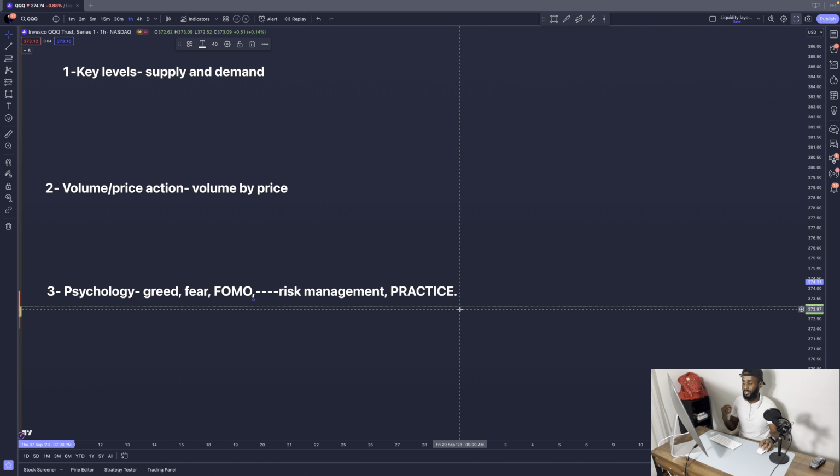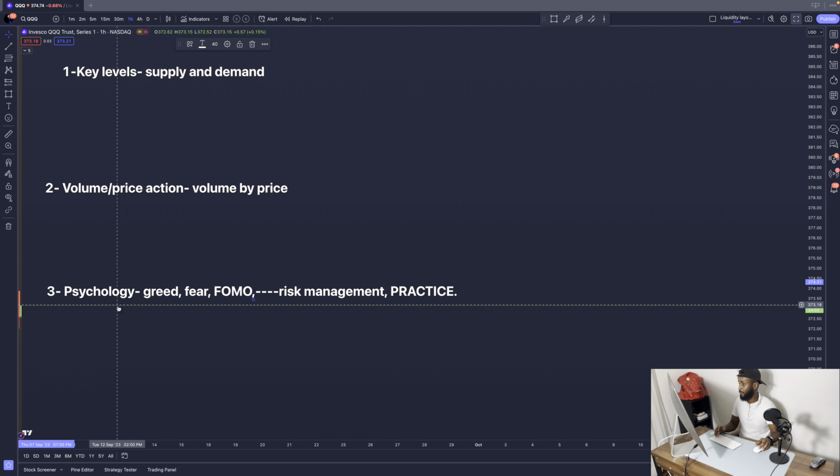You need to build this over time by taking risk on money that is something that you can afford to lose. This takes time. Number three takes time, these two come a little bit easier, and I will show you guys how I am able to find key levels and volume and how to read price action, and a little bit how I work with getting around greed, fear, FOMO, all of that.